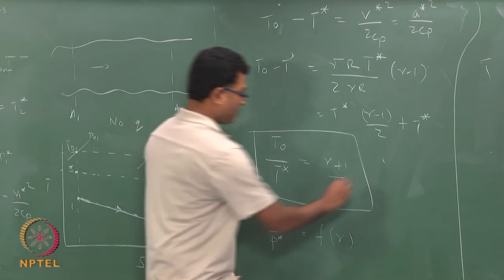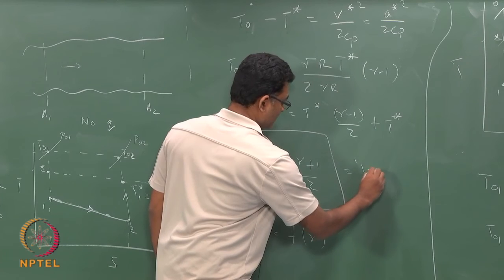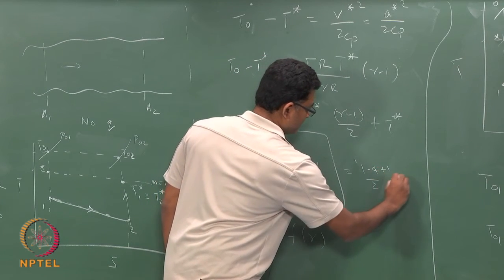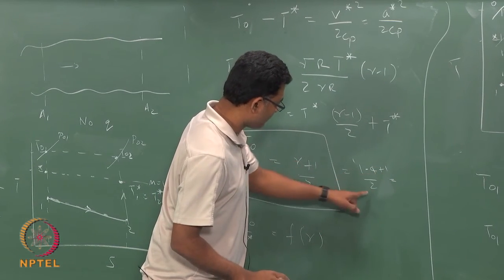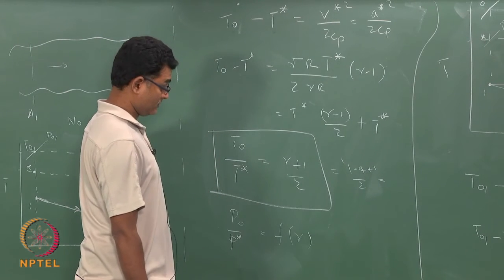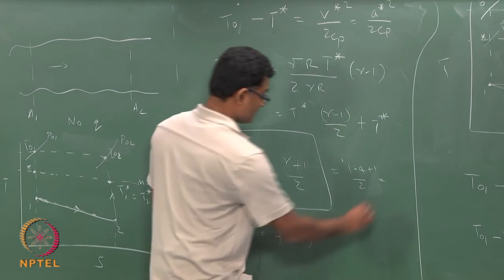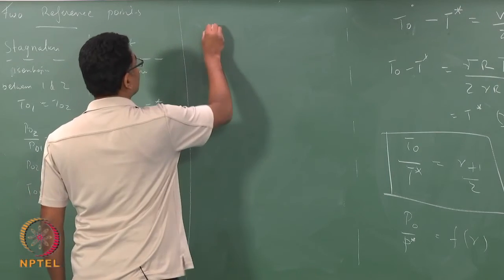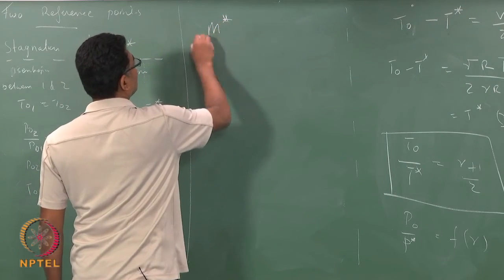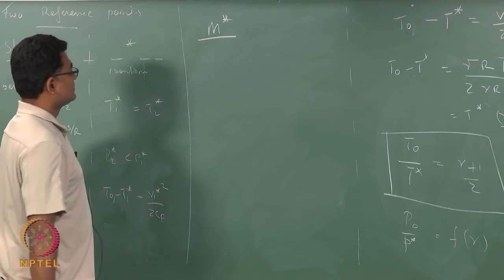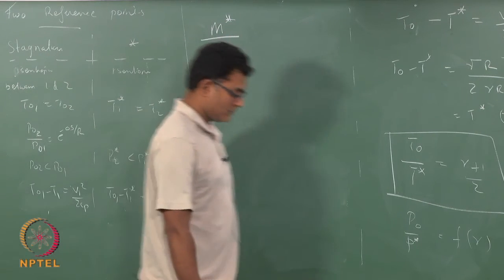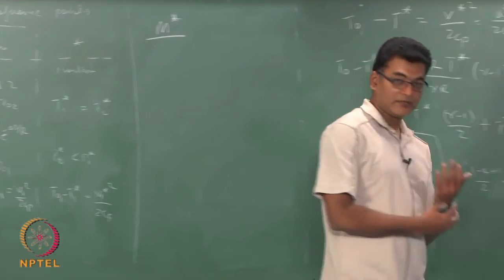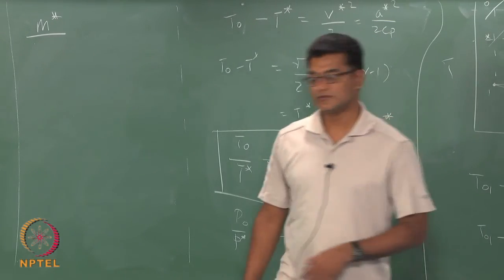So, if gamma is 1.4, this is 1.4 plus 1 by 2, so this is 2.4 by 2. M star is the Mach number at the star condition.